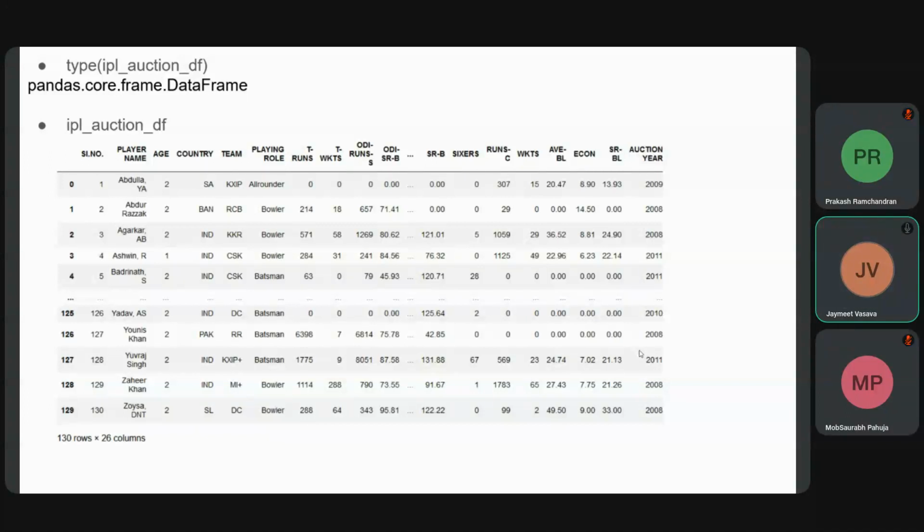It belongs to pandas, a core functionality of pandas, and it's a DataFrame structure. When we simply want to print the dataset, it will be printed like this, as you can see in the screenshot attached.